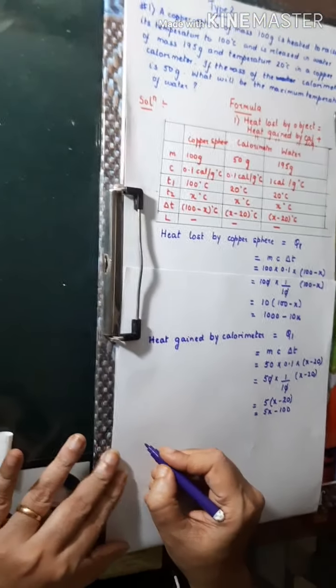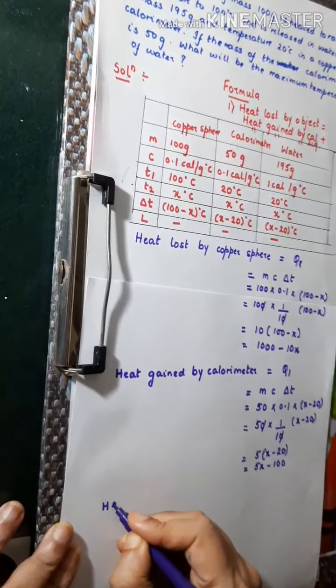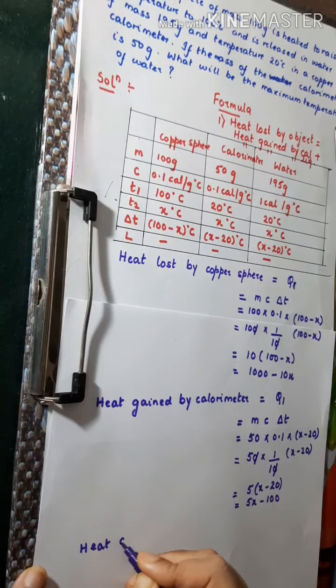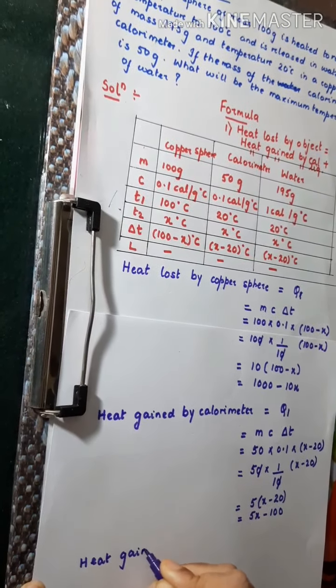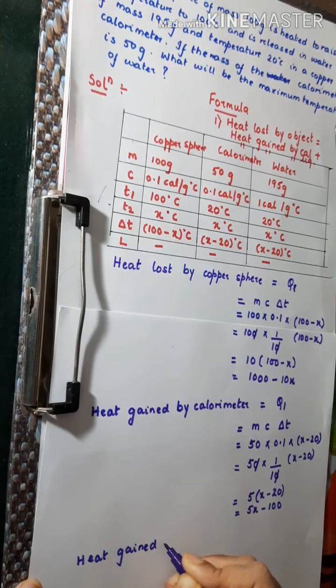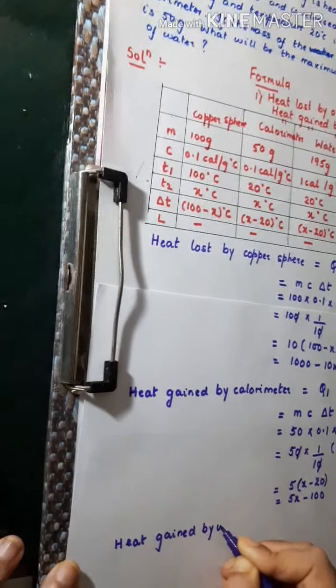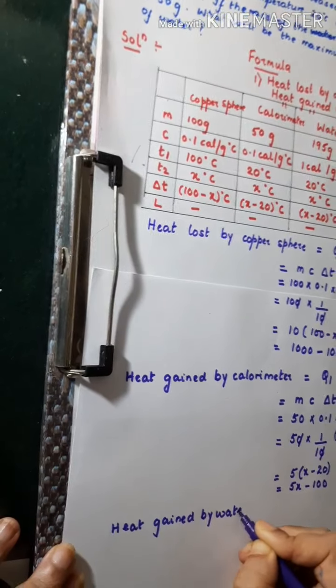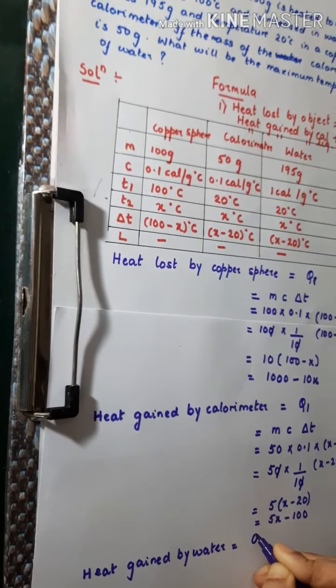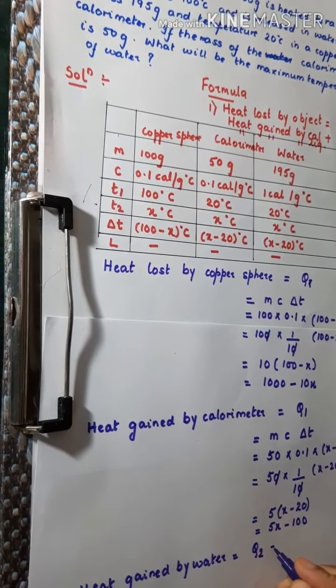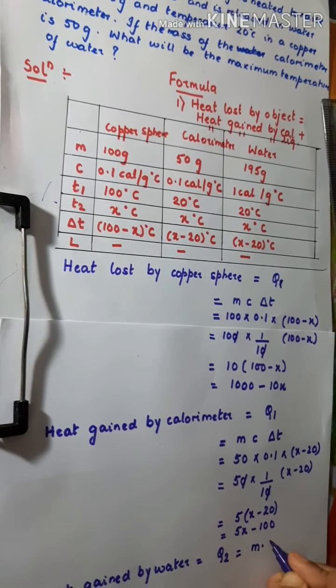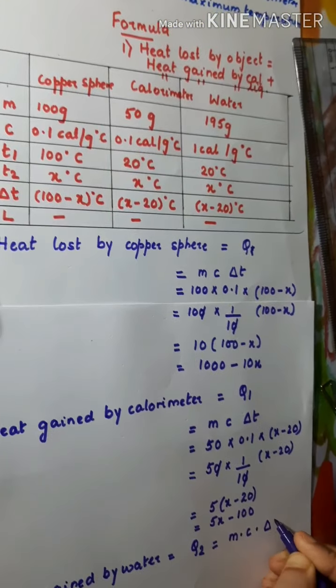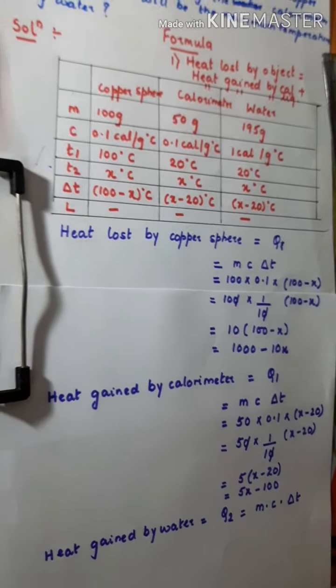Heat gained by water in the calorimeter. Again, call this Q2, which is equal to m into c into delta T. What is the mass of water?